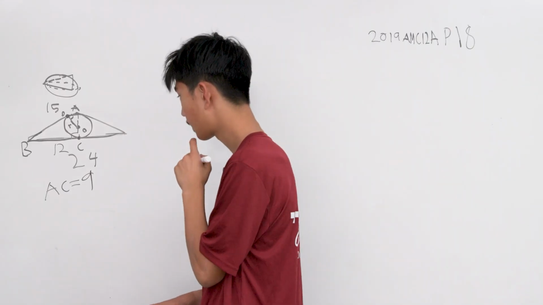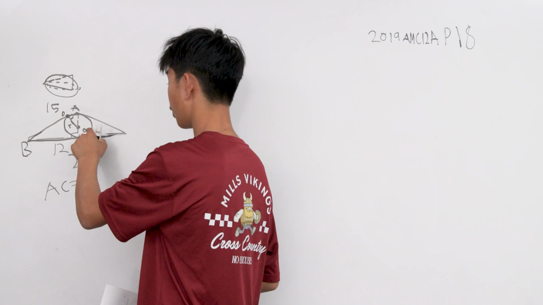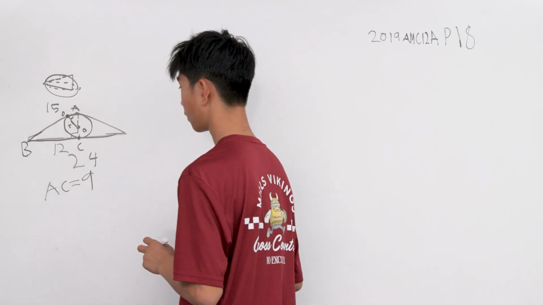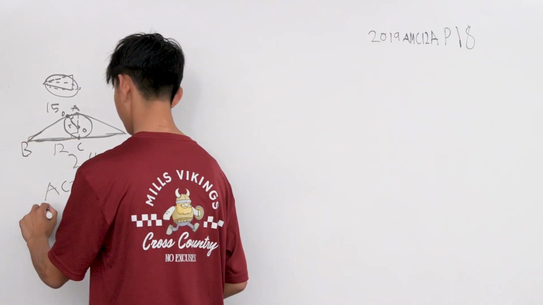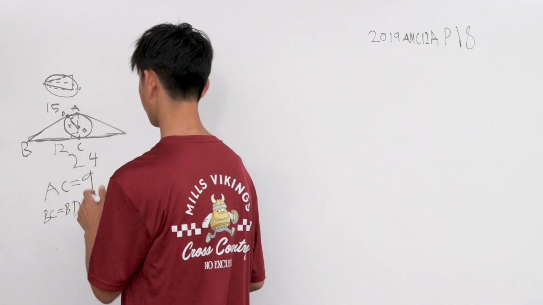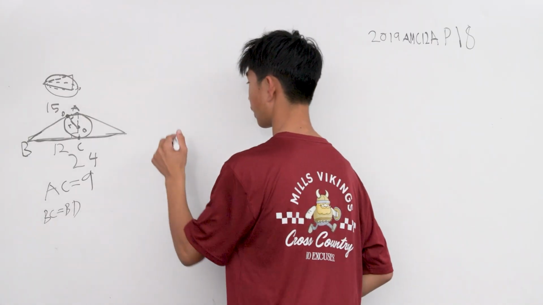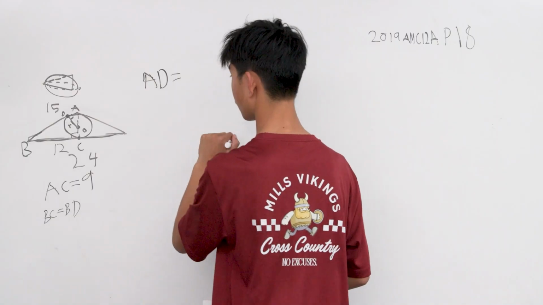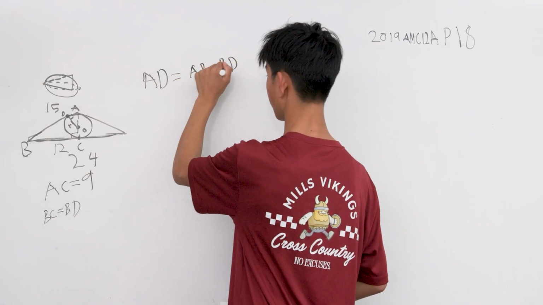We then see that the figure BDOC is a kite, so that means that BC is equal to BD. If we want to solve for AD, AD is equal to AB minus BD.